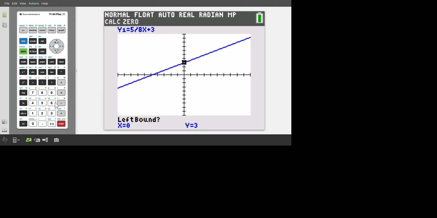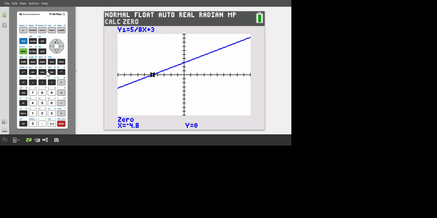Let's see if we can calculate this 0 right here. So if I go left bound up to 0, right bound up to 0, and then I guess the 0. This is the 0 it gives me. That x equals negative 4.8.